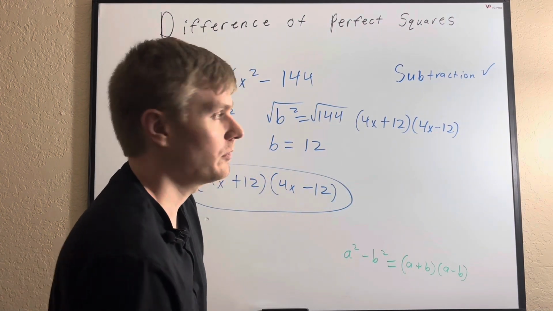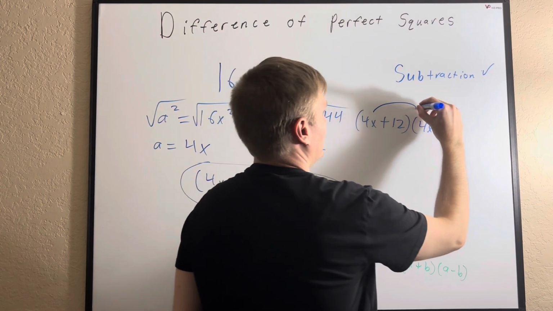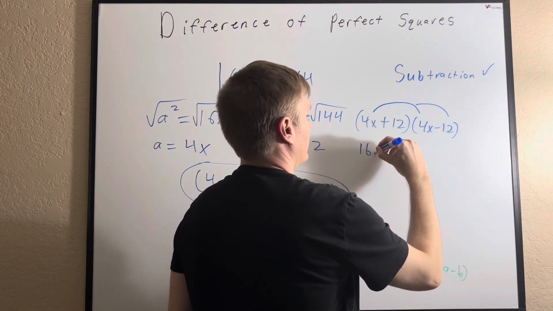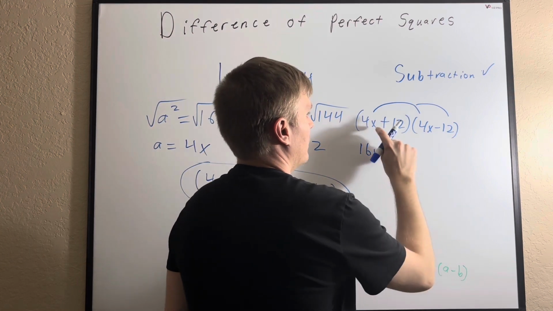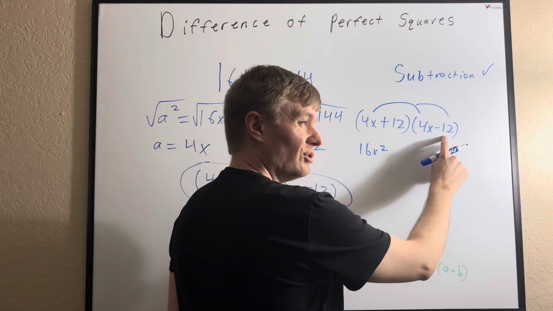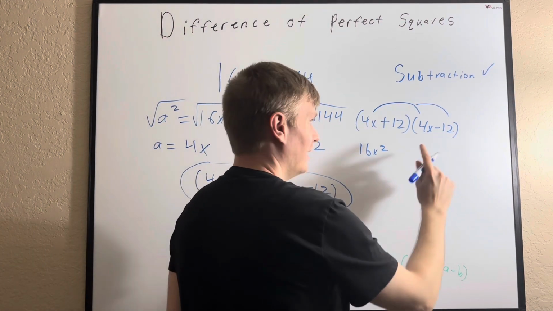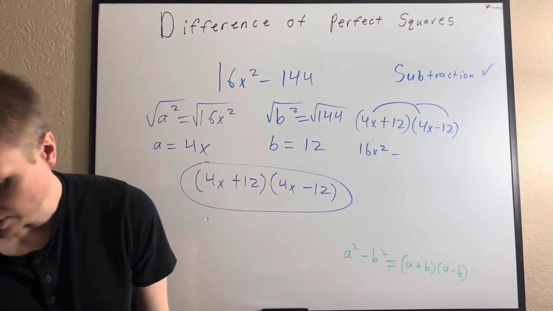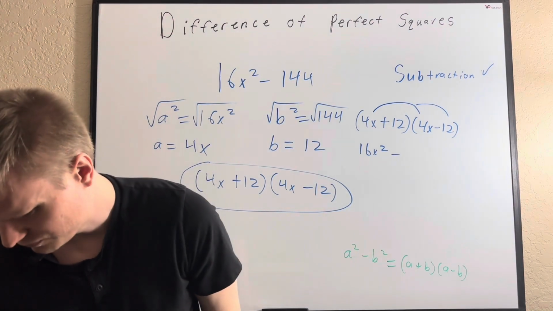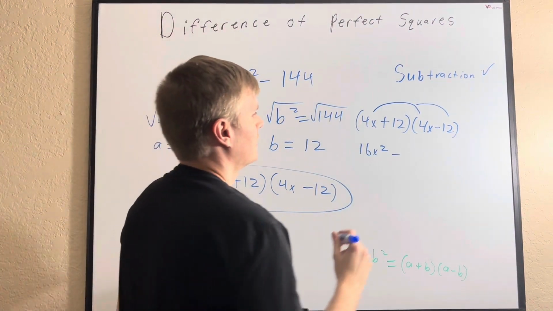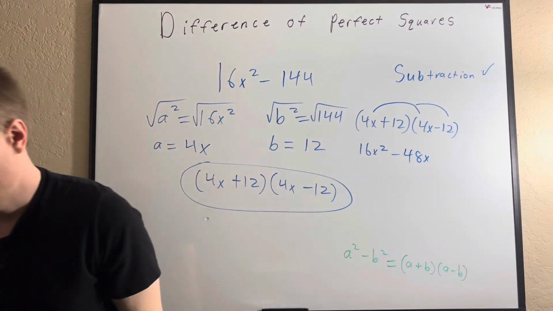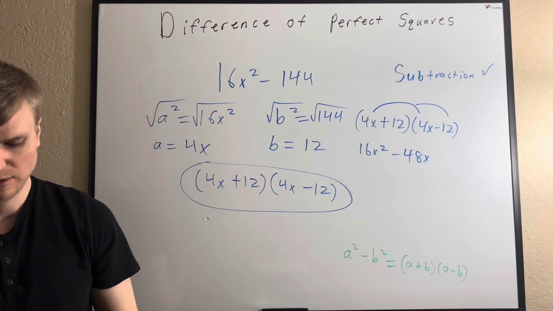Now, what happens when we FOIL that out? Distributive property. 4x times 4x, 16x squared. 4x times negative 12. Negative 48? Yes. I'm just going to check my math real quick.